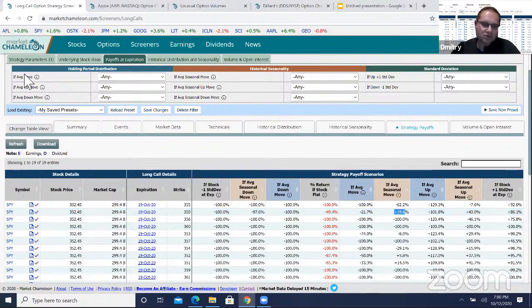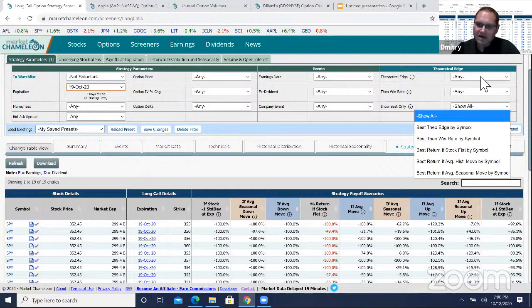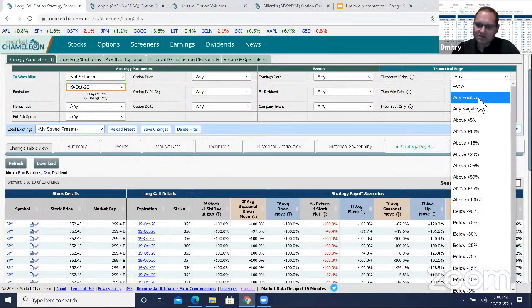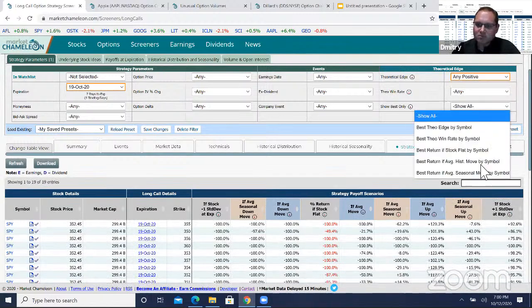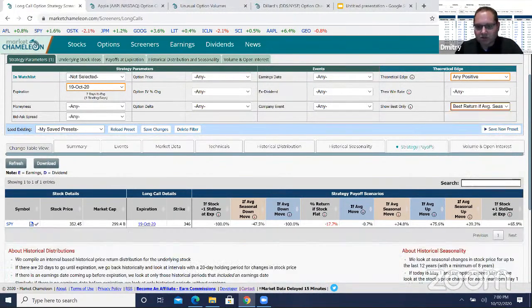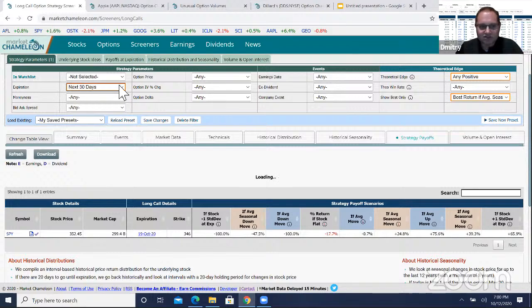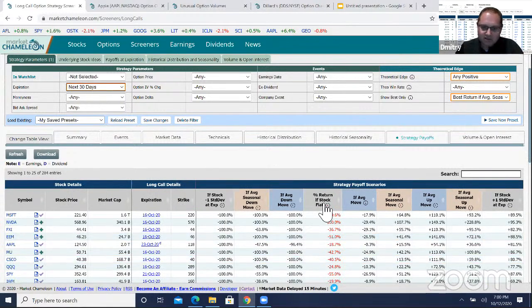So here's what we're going to do. Let's make it easier and faster. I'm going to go to the stock parameters and say, show me a positive theoretical edge, any positive. And show me the best return based on the seasonality move. So if the stock does its average move, what option is the best one? Let's do any option in the next 30 days. So here it is.